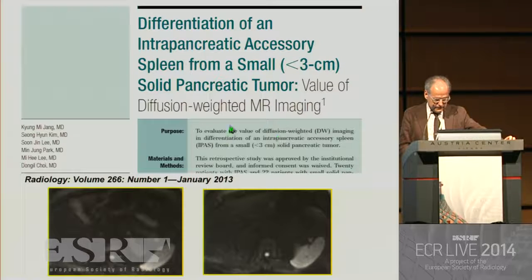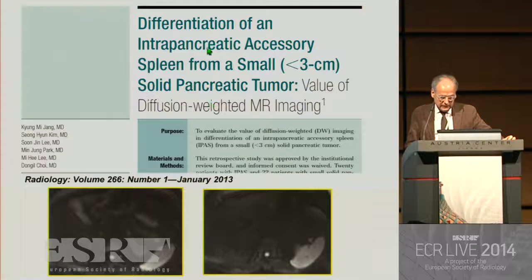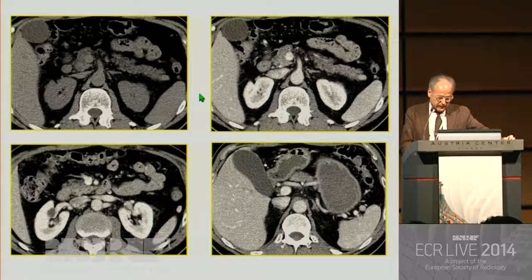So this paper supports the value of diffusion-weighted imaging to make the differentiation of intrapancreatic accessory spleen for small, solid pancreatic tumors, like in the case I've showed you. But I want to come back to the CT images. I think that the diagnosis was already there, because this was the accessory spleen close to the hilus of the spleen, and this was the small accessory spleen at the level of the inferior pole of the spleen.